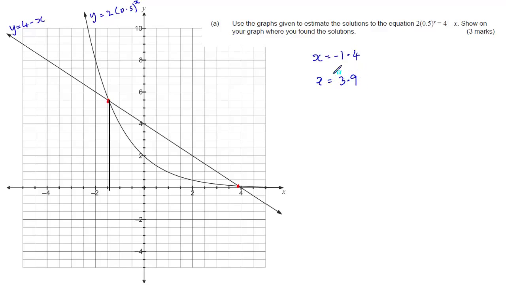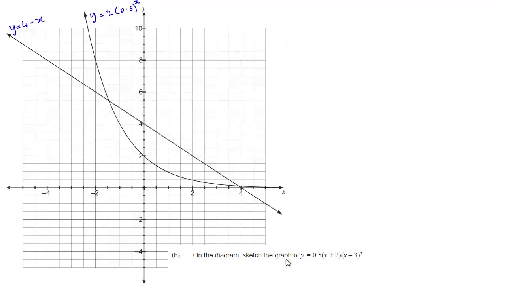The solutions actually say 3.8, but I don't think that's quite far enough over to be 3.8 to my eye, so I'm going to give it as 3.9. But as long as we make it clear where we've found these solutions, we should get the marks.